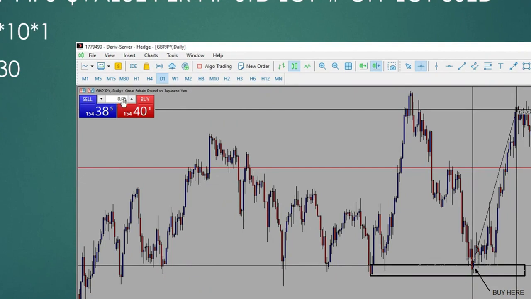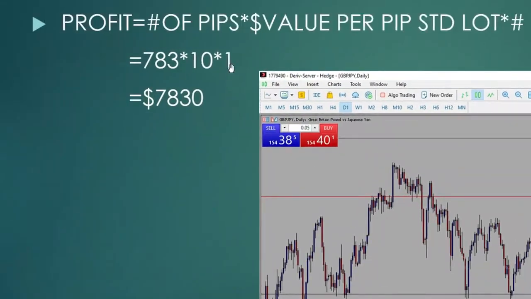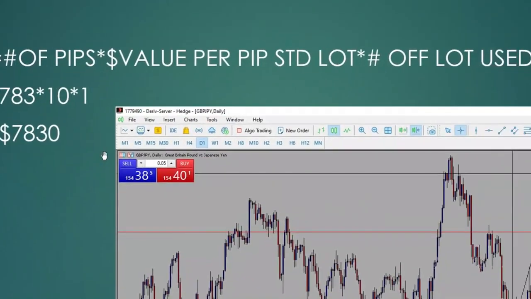If you're going to use the one-click trading option, you input your lot size there. The points come just from the chart, and the 10 is a standard value that we get from the website. It always changes, but it's always playing around 10 for the most common pairs.